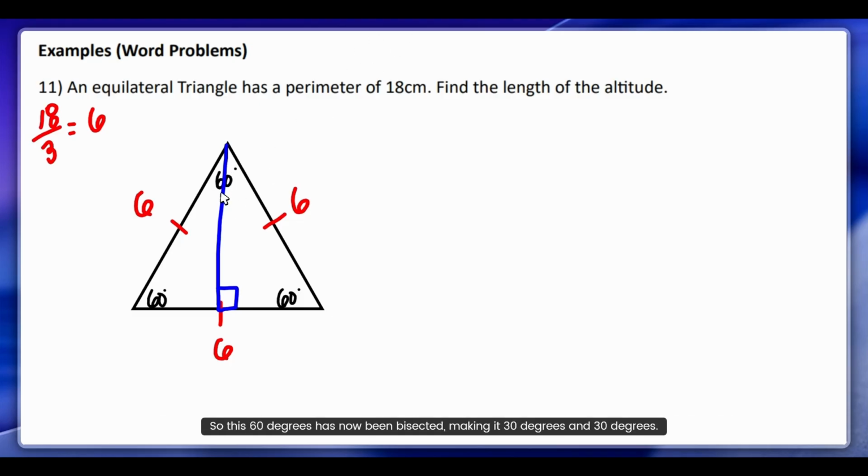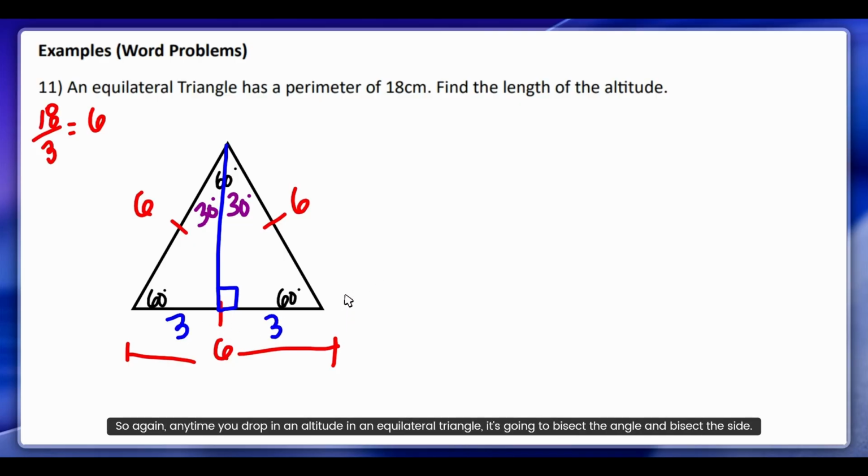So this 60 degrees has now been bisected, making it 30 degrees and 30 degrees. On top of this angle being bisected, it also bisects this bottom side here. So if this whole bottom side is 6, then when we bisect it, we get 3 and 3.